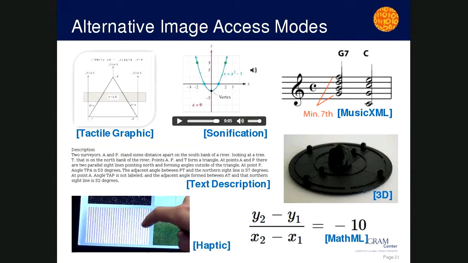And then also 3D objects as well. That's another area that's growing a lot of interest with folks. So these are just some examples of alternative ways to access images, and all things that the Diagram Center and the community is looking to provide more resources and best practices for.